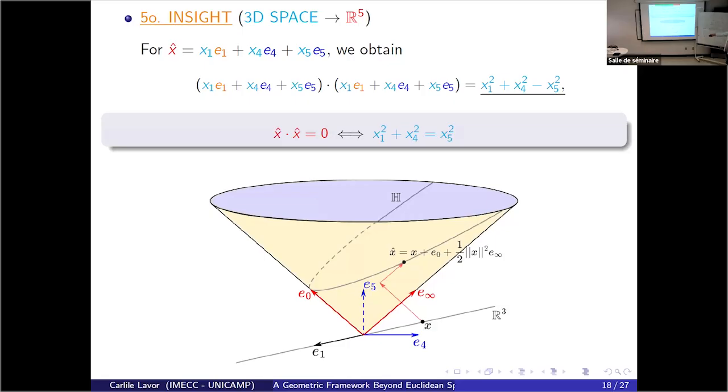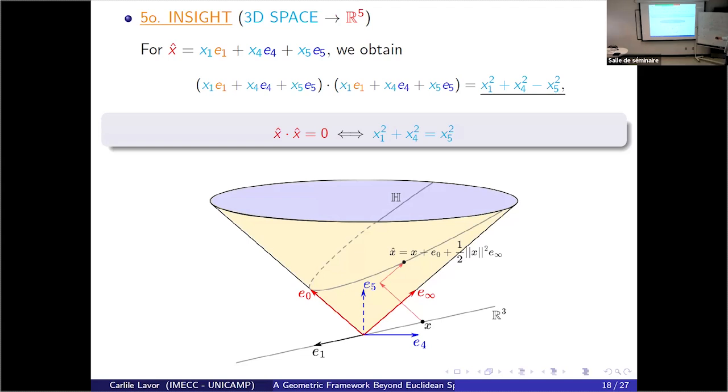Here is the E1 that represents the 3D space. E4 has positive norm. All the vectors inside have negative norm. So when you have this cone, it's like you divide the space into vectors with negative norm inside the cone, zero norm on the cone, and outside the cone is the Euclidean space, the traditional space.